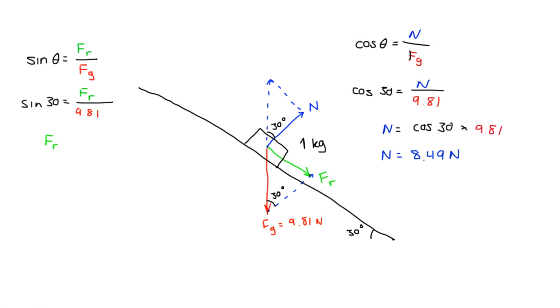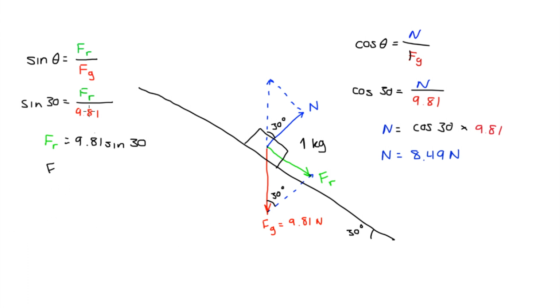Fr will be equal to 9.81 times sine 30, and that will come out to be 4.91. So let's write that down.